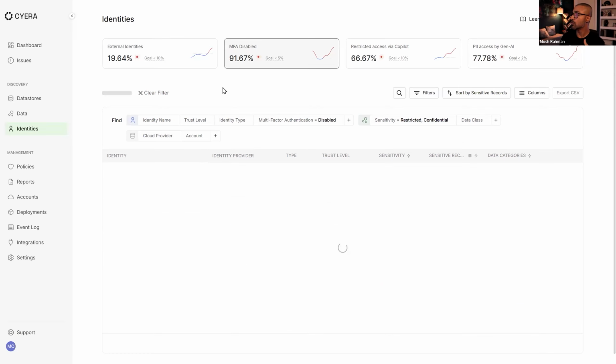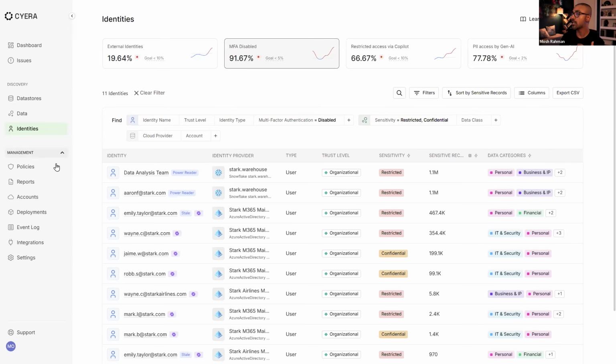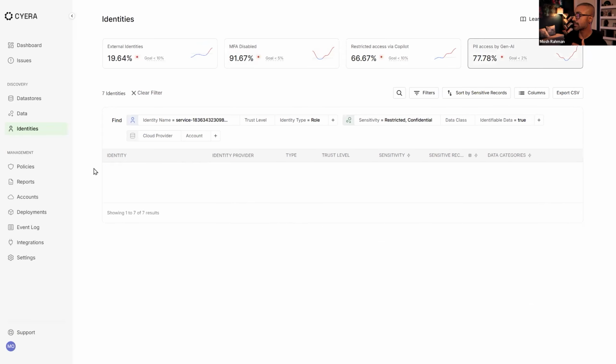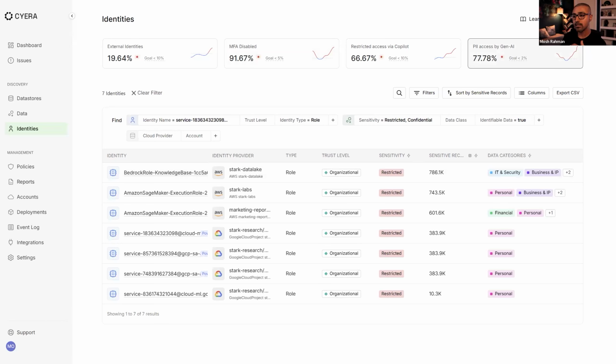You can look at users that have multi-factor authentication disabled. You can look at access through Copilot, users that have access to sensitive data that also have Copilot enabled, or machine learning platforms or services that have access to sensitive data. So that's the second question, who has access to that data?